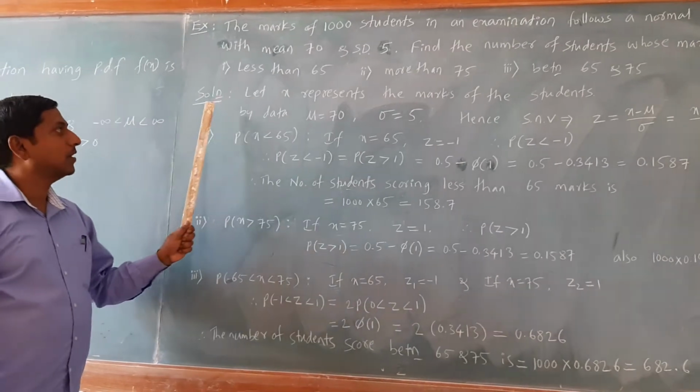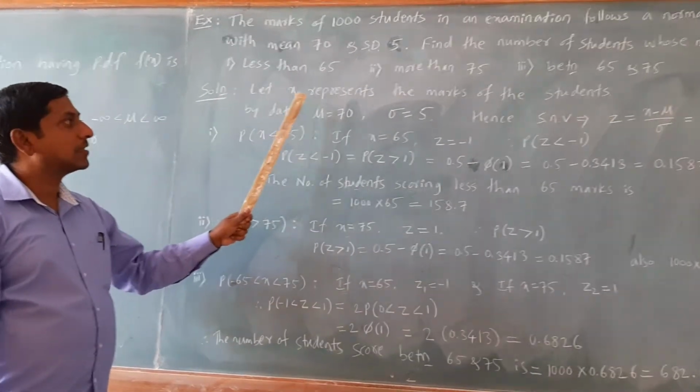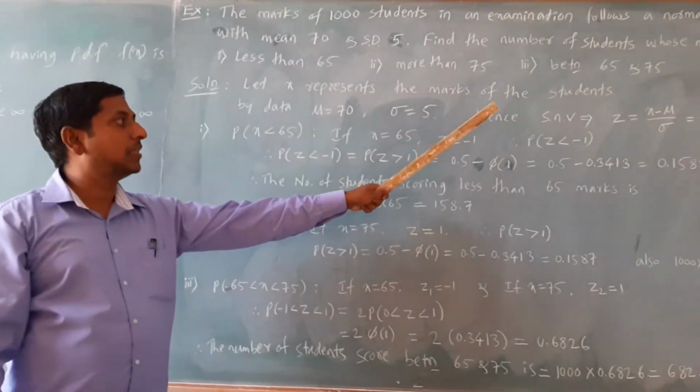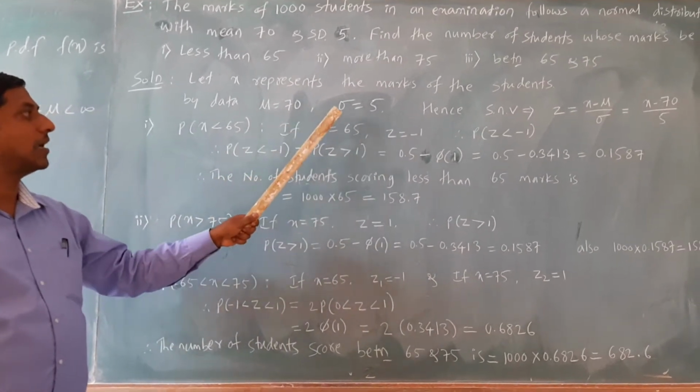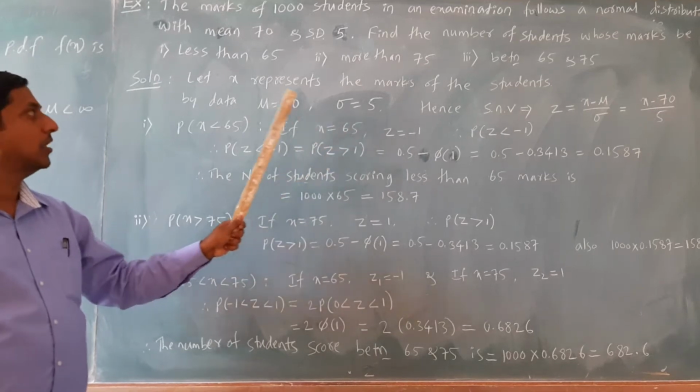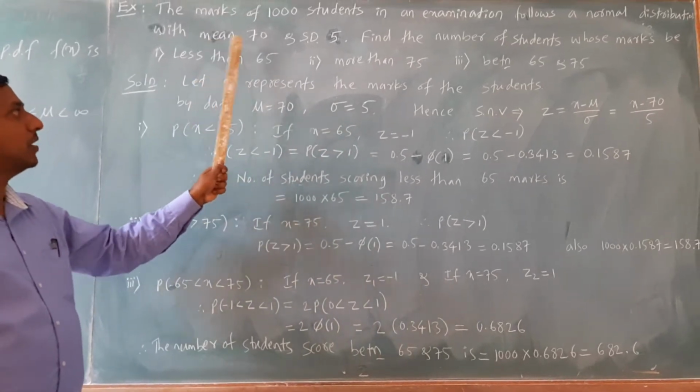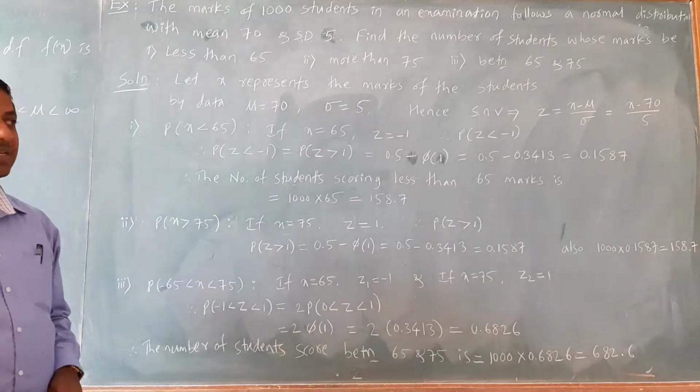So, solution of the problem. Here x represents the marks of the students, and mu, that is the mean, is 70 and the standard deviation is 5. These two values are given in the problem, mean and standard deviation.